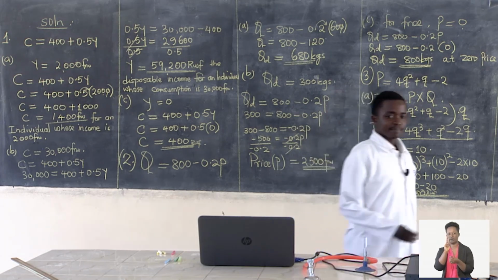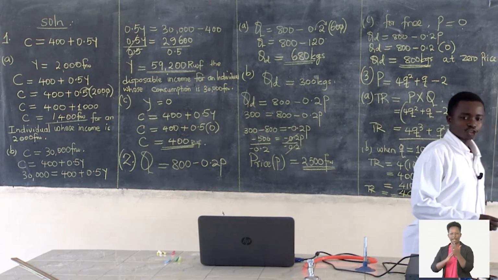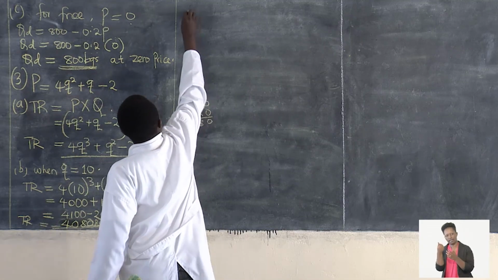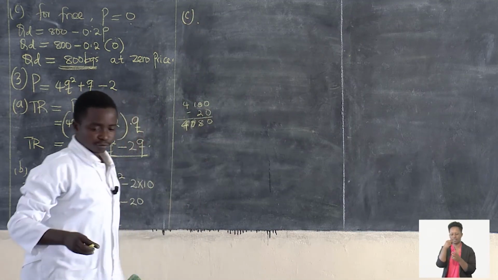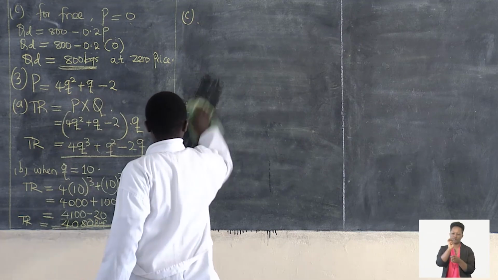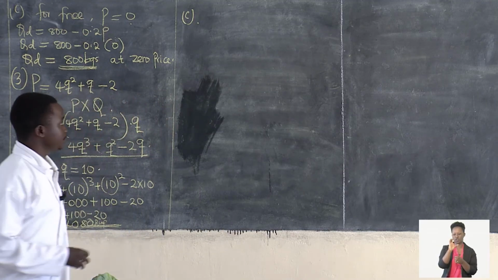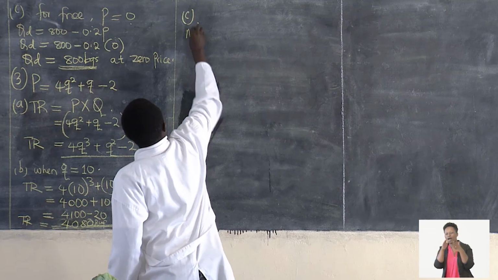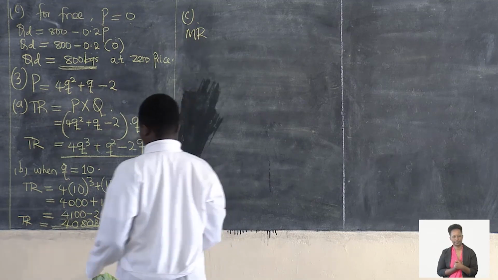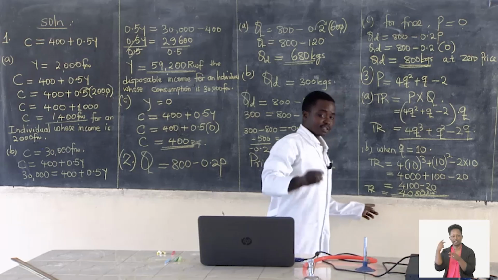So part C, the marginal revenue function of the firm. So how can we get the marginal revenue now? We shall differentiate. Now this is the application of derivatives.